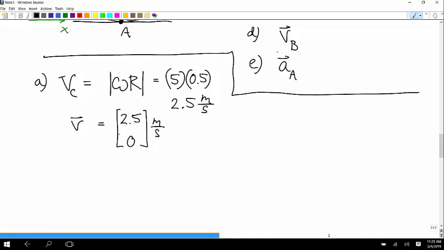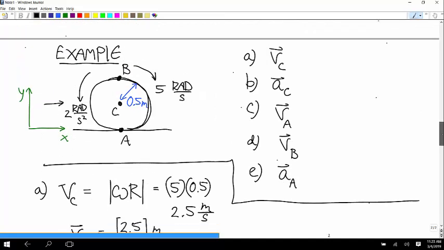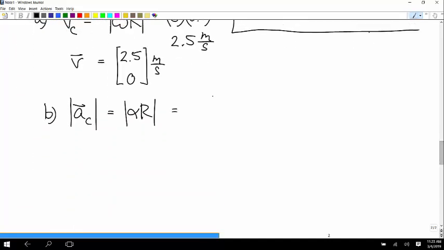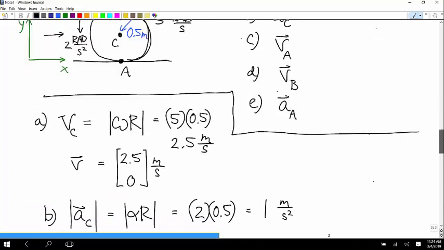And then the acceleration of the center, the magnitude is the absolute value of alpha times r. So that's 2 times 0.5, so 1 meter per second squared. And now we have to think about the direction of that acceleration of the center.